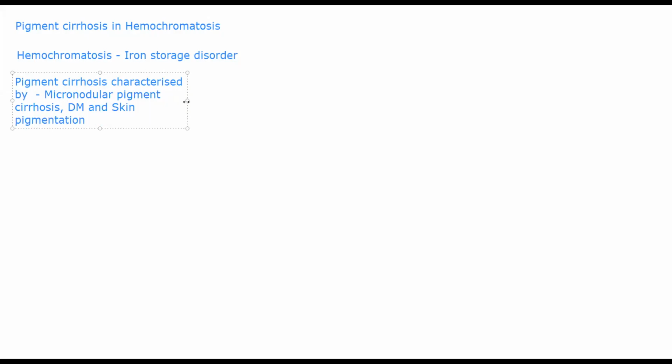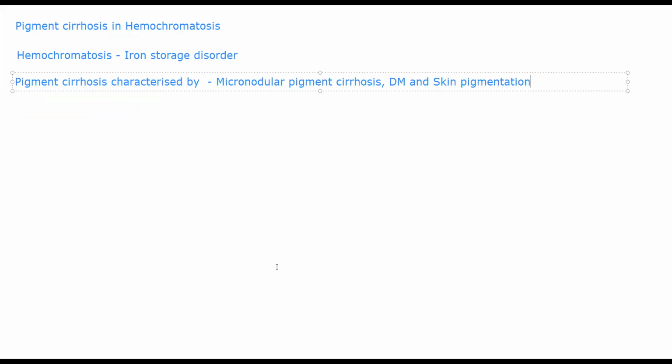So these are the characteristic features of pigment cirrhosis. Hemochromatosis can lead to pigment cirrhosis, where it causes accumulation of iron and leads to pigment cirrhosis.